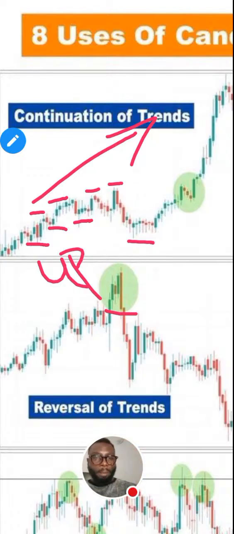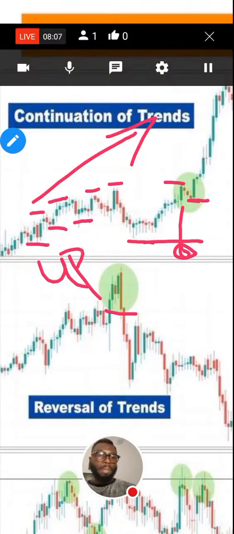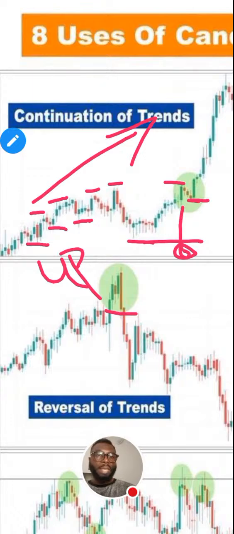Now it came back and gave us another higher high around here. After that, it came and gave another higher low. It didn't come back to sweep this area. It didn't go below here, but rather, it maintained the higher low. So as long as it maintained that higher low, it's telling you that this structure still holds. The bullish trend still holds. This is one of the things to identify a trend that continues.